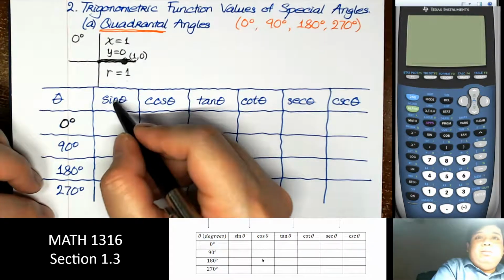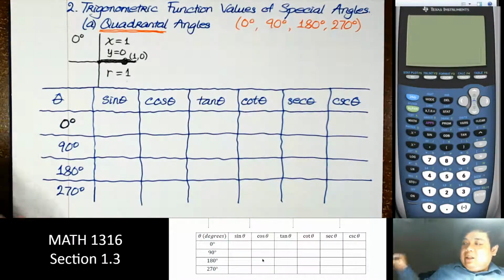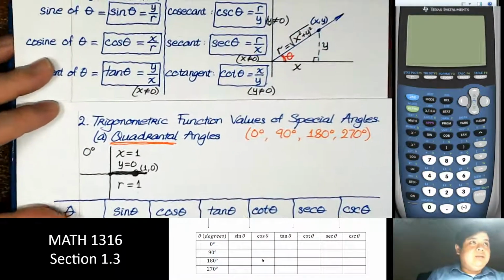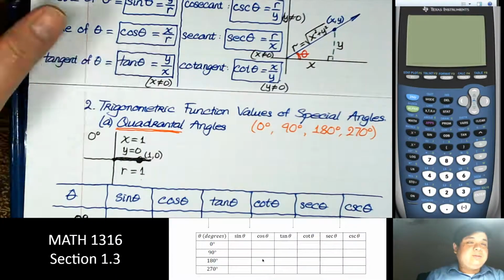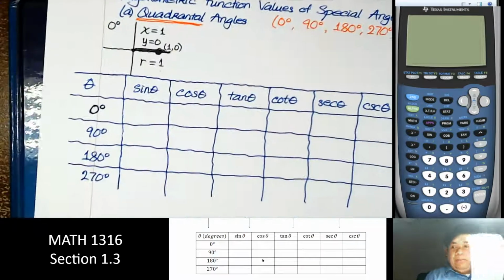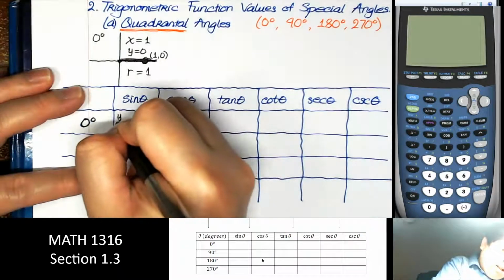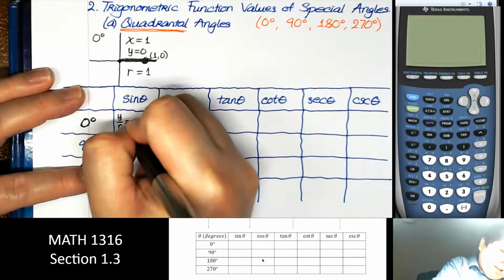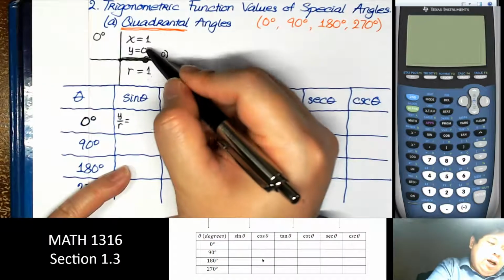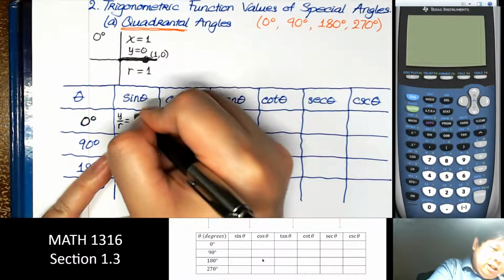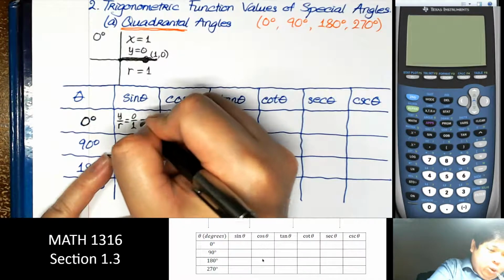So for 0 degrees, sine, using the ratio we have earlier, is y over r, 0 over 1, which is 0.